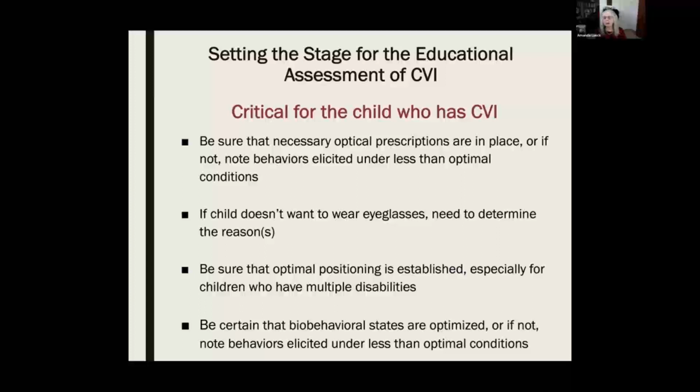Now, if a child has not had an eye exam and been tested to see whether they need glasses or not, that's not going to be helpful, because the child could have a problem that could be corrected optically, and that really needs to be known before any assessments are done.